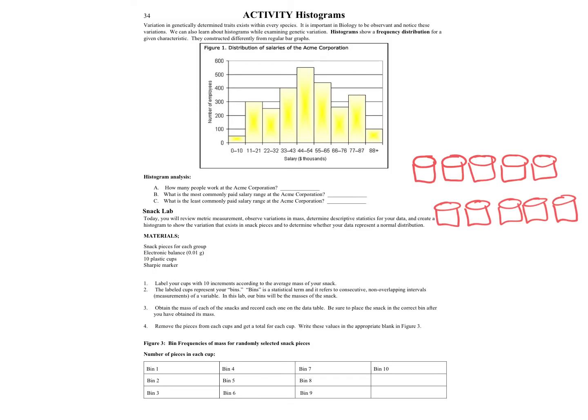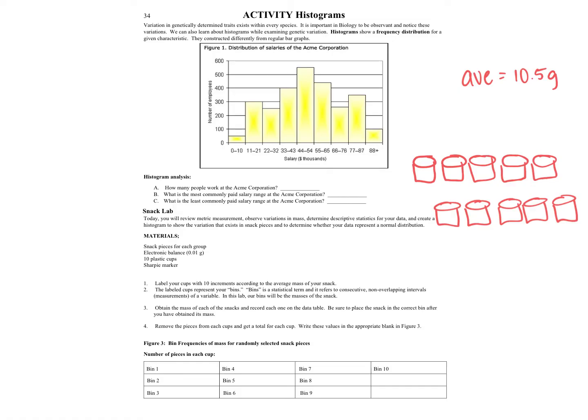So for example, I have 10 bins or cups drawn here, and I have the average mass of my snack as, let's say, 10.5. Then that will probably be one of my middle cups. Then I'm going to need bins or cups below that and above that.